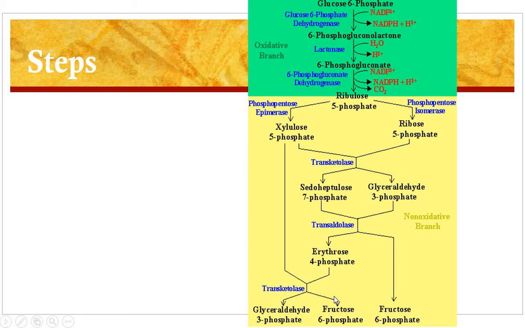Now in the next step, step number 7, there is another transketolase activity in which a 2 carbon unit is transferred from this xylulose 5-phosphate to form fructose 6-phosphate and glyceraldehyde 3-phosphate.